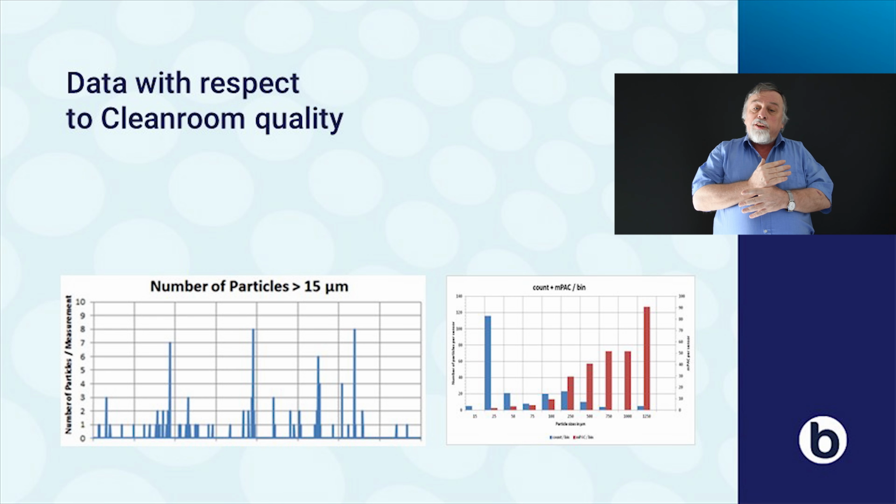It's the differential distribution of particles in numbers, that's the blue diagram, or particle area coverage. Large particles cover a large area, and of course you can see with the bar on the right-hand side that this is high. That means that the particles have a high area coverage or a high obscuration.